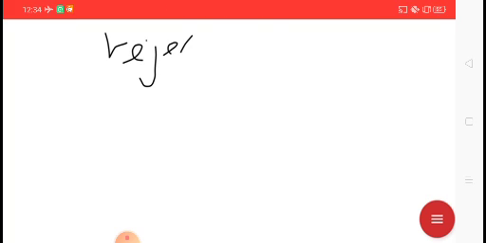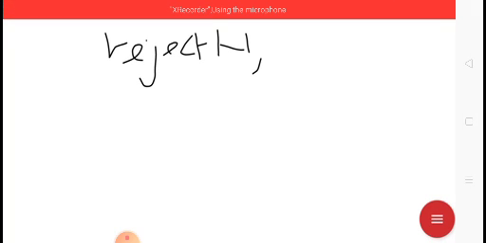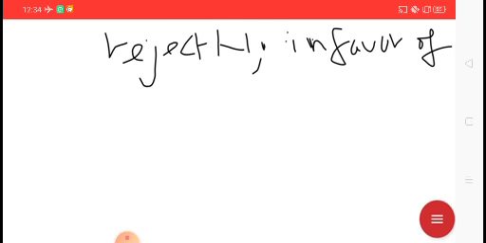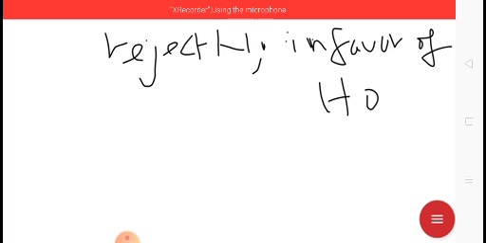Okay, because negative 1.626 is not in the critical region, so it means reject H1, right? Okay, reject H1 in favor of H0. Okay, because not in the critical region, you will reject H1 in favor of H0.